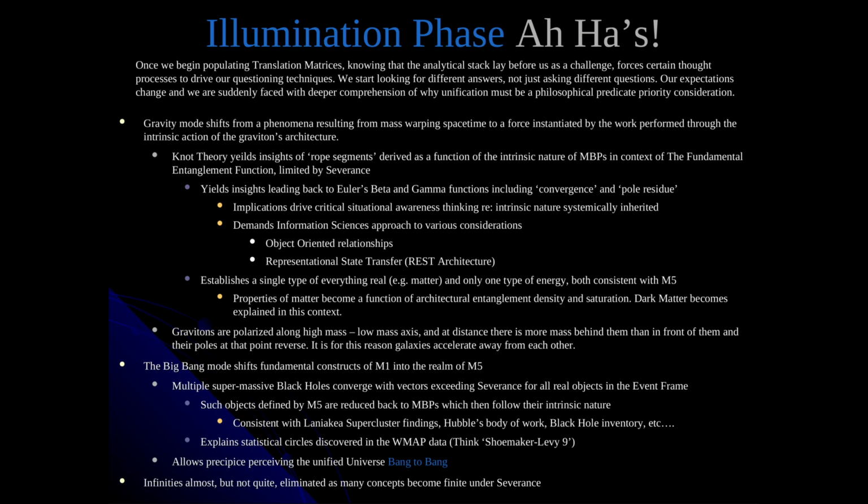We had a bunch of them, and we get through our ability to fundamentally mode shift back and forth, M1 to M5, in terms of the core constructs. And we back up from that in the translation matrices that articulate all of that. There were some ahas that we had that really didn't occur until we could do that.